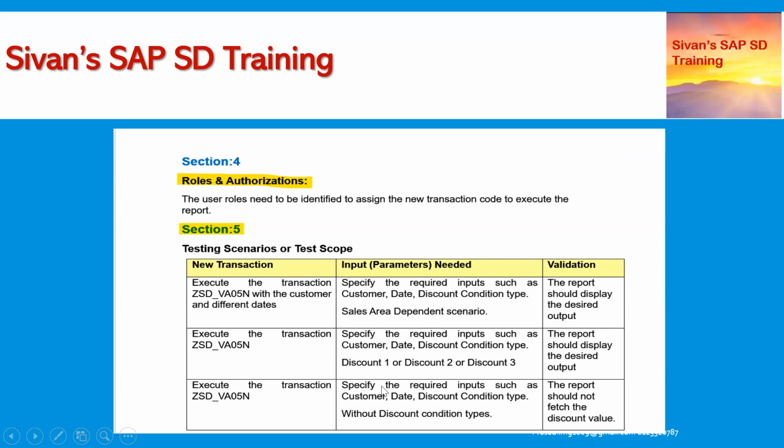For those 3 countries, this change should not be applicable. If it is working for those countries also, our changes are not properly done. Again, we have to cross-check with our technical consultants.